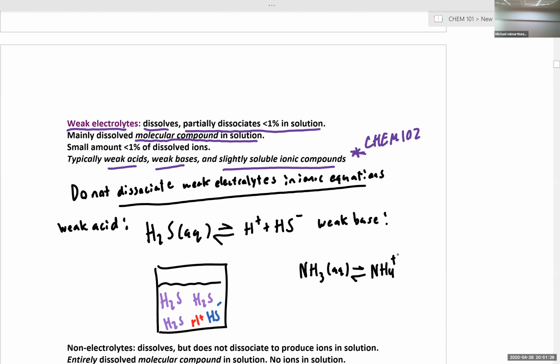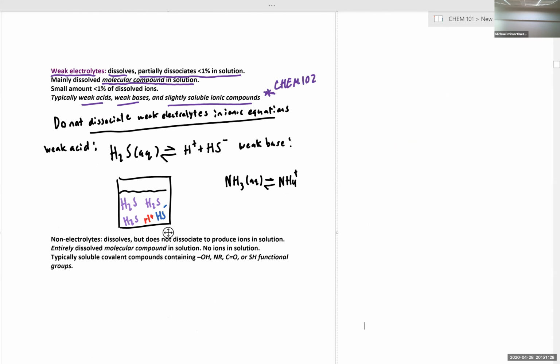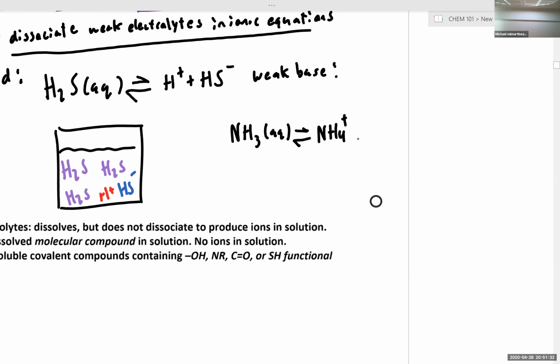So ammonia can react with water to generate a small amount of ammonium and hydroxide. Yep, that's always a possibility.